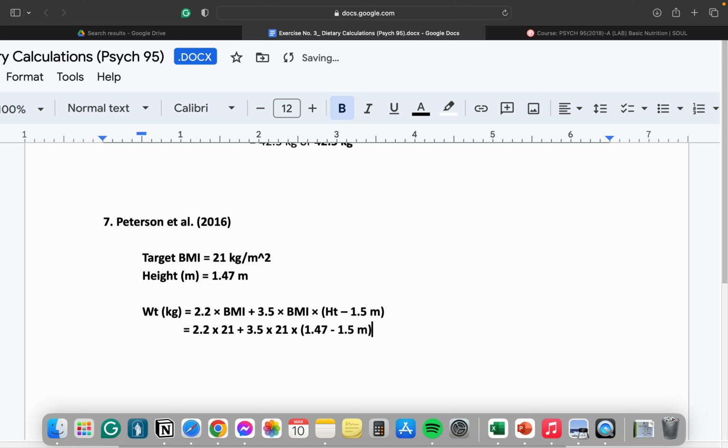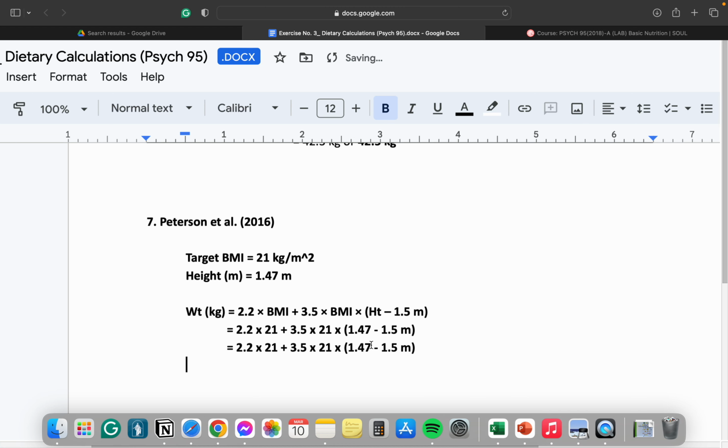minus 1.5 meters. So we're going to use MDAS method, multiplication, division, addition, subtraction. Okay, in that order. So let's calculate these first. So 1.47 minus 1.5, you have negative 0.03.